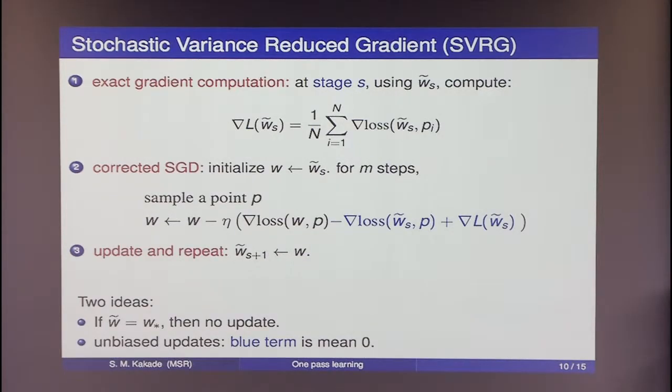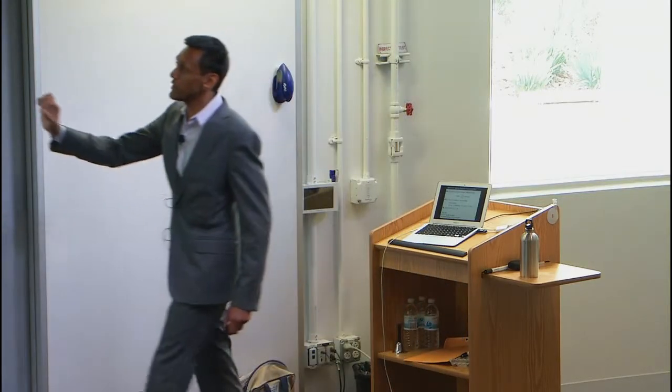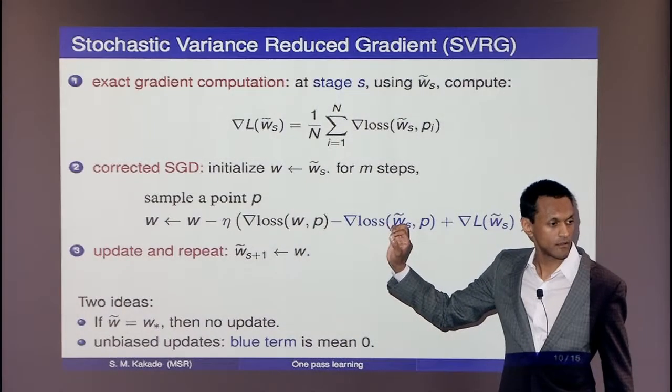Yep. Okay. How would this compare to just using that gradient in the first step and descending down that gradient to compute W tilde S plus 1? Sorry, using which? Using the gradient computed at the first step, and descending down that gradient. So you mean like a batch gradient? Right, so you're computing that.